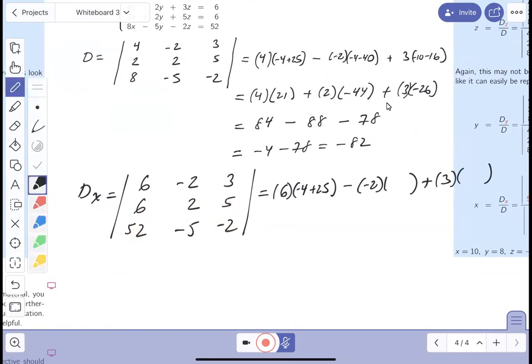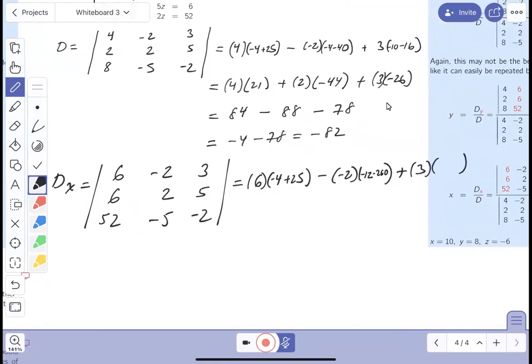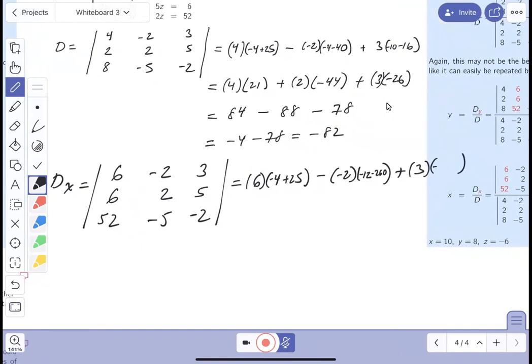I'll write it down now. It's so difficult to write it down. And it's going to be 5 times 52. That's going to be 260. That's not so bad. That's a big number, though, isn't it? Let's do the last guy. What do we have there? I see minus 30. It's tough, though. And then 104, minus 104.